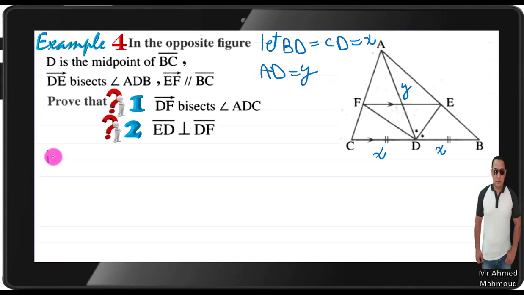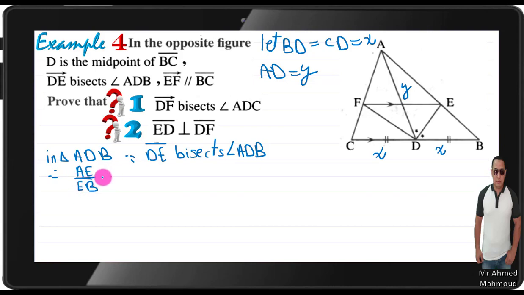In triangle ADB, since DE bisects angle ADB, therefore AE over EB equals AD over DB, which equals Y over X.